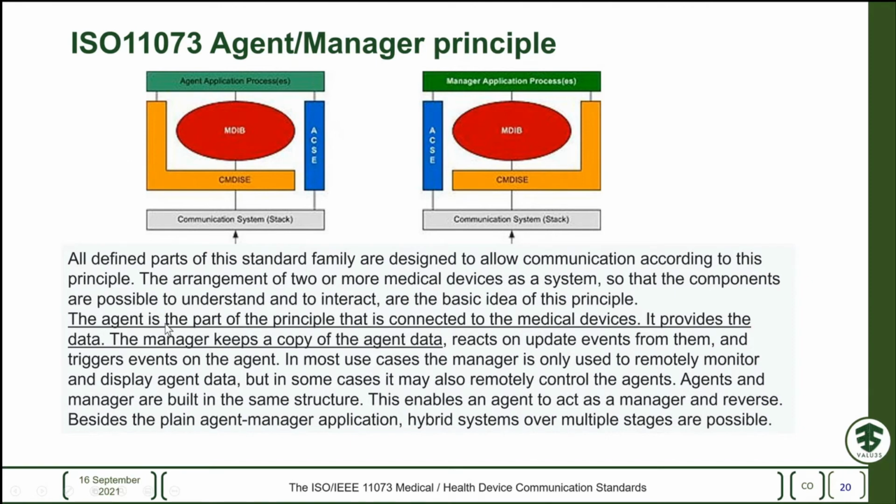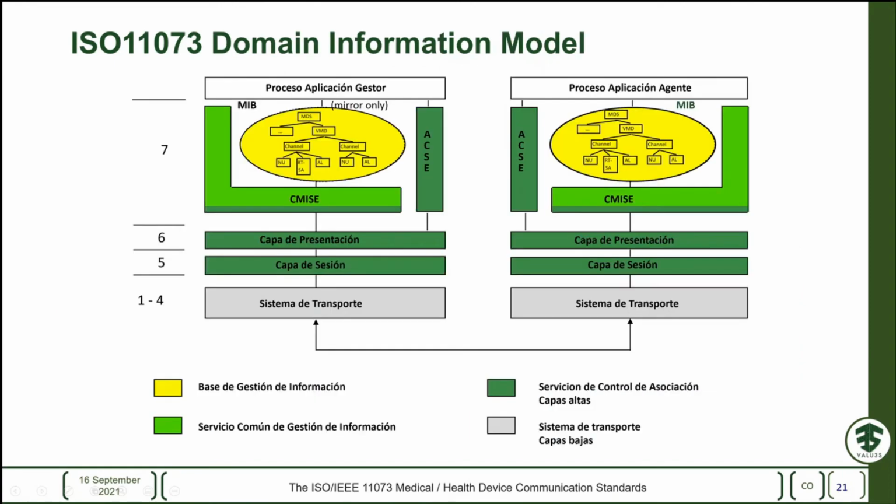The agent is the part that is connected to the medical devices and provides the data, and the manager keeps a copy of the agent data, reacts on update events from them and triggers events on the agents. But it's interesting the way it is designed, because you can reverse the process and make the agent become a manager and vice versa, right? But this is the way that things are implemented.